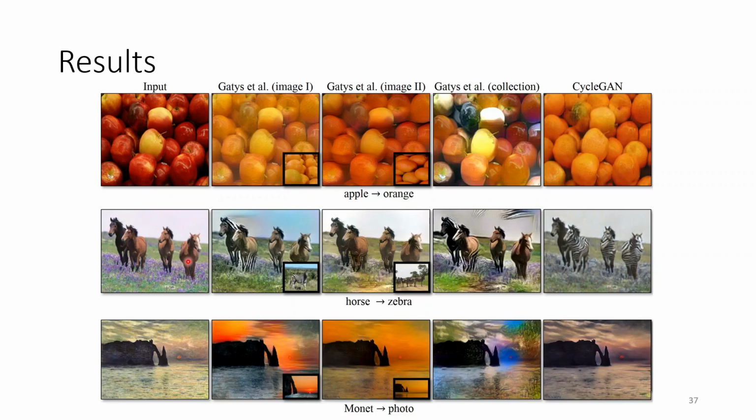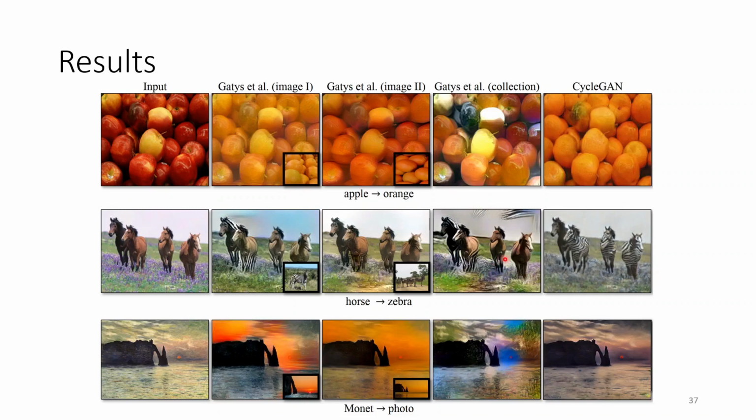And this is horse to zebra. In this case, there are two types of zebra. So actually this input image and this image, both of them are zebra. However, their styles are different. Therefore, they generate a different style.